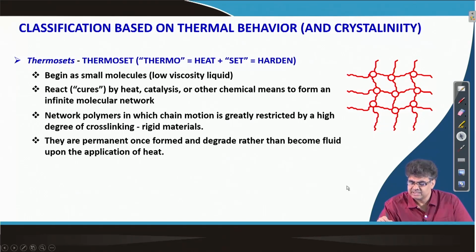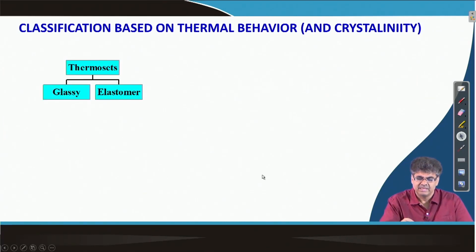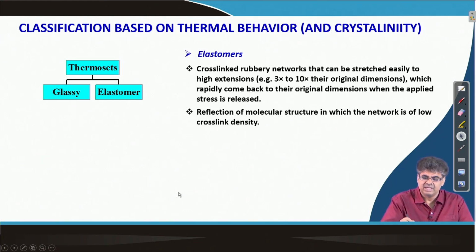As shown, these thermosets are formed because of the cross linking between the polymer chains on heating, and there could be two different types of thermosets, as I was discussing just now. If the cross links are fewer and the polymer chains are above their glass transition temperature, they have mobility to move around, and then you can stretch them, like a rubber band.